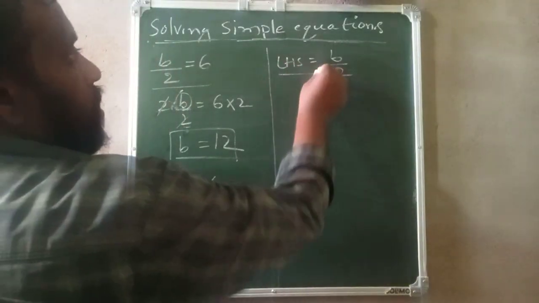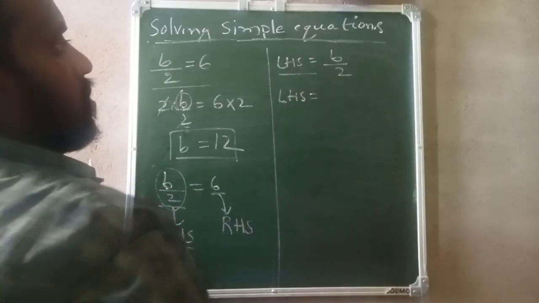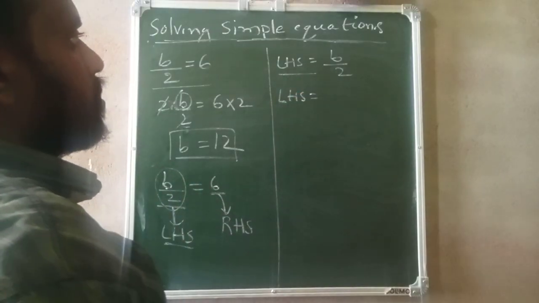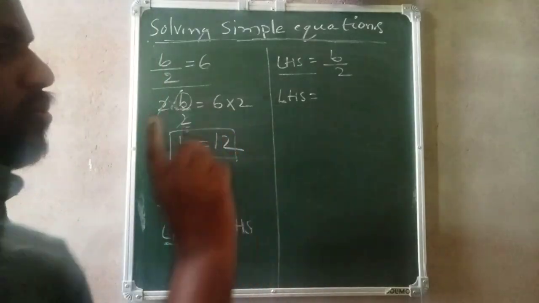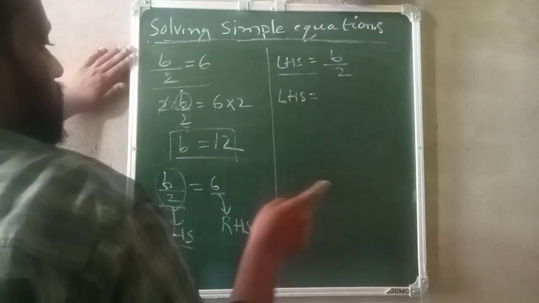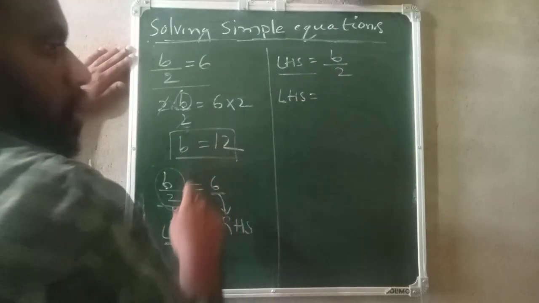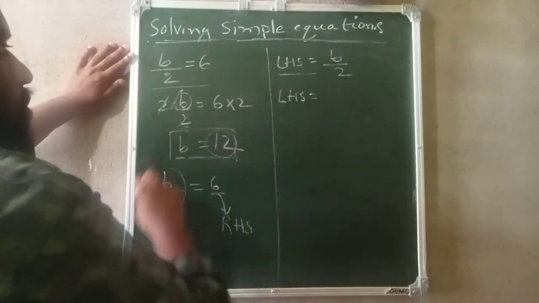In the next step, write this LHS is equal to, now substitute the value for b. So we have b is equal to 12. So value of b is 12.